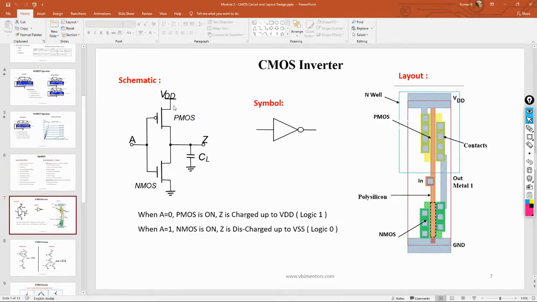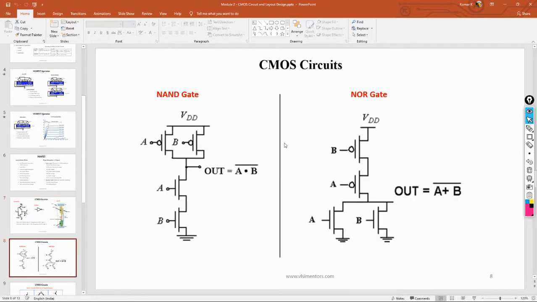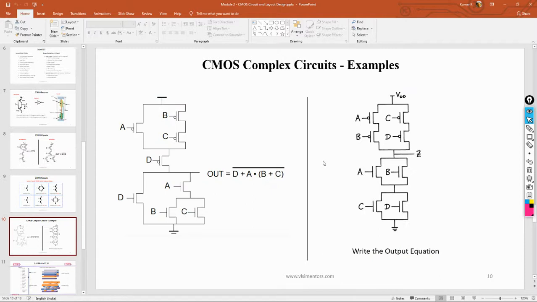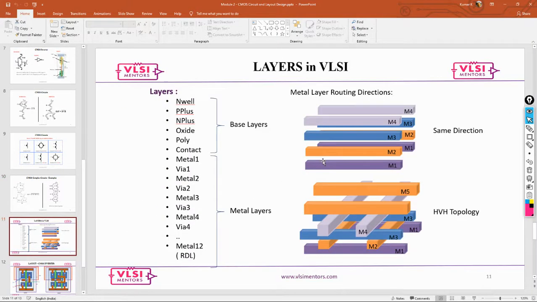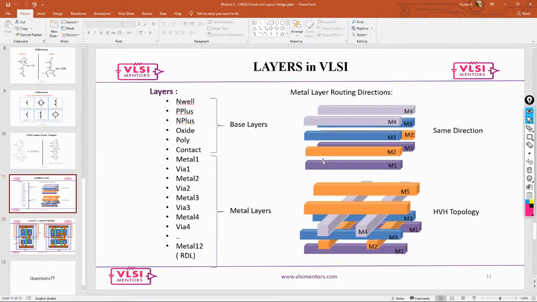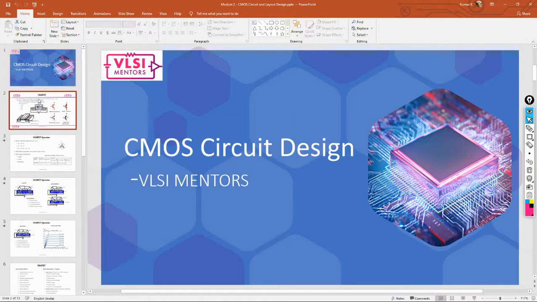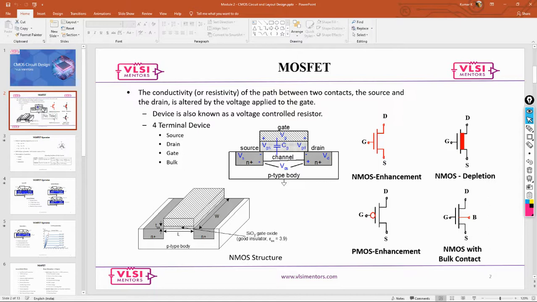And you have CMOS inverters, the schematic and layout, and how you design the circuit, using this basic information. All these things we will learn in the upcoming classes. My only request is that you spend time, revise your fundamentals, and come to the class. It would be easy for you to grasp the information that I'm sharing.